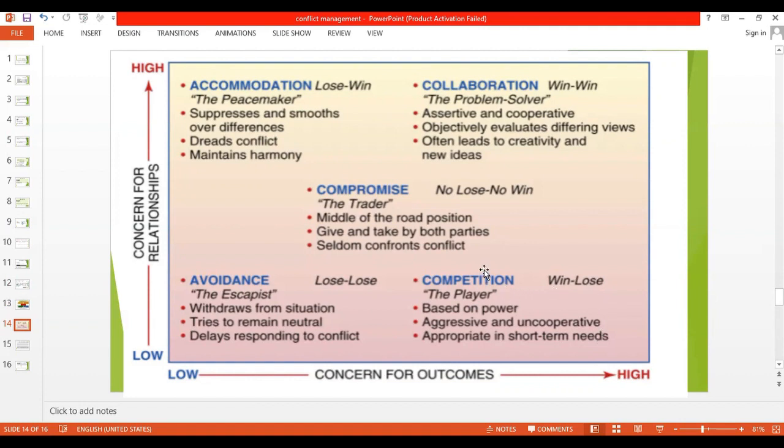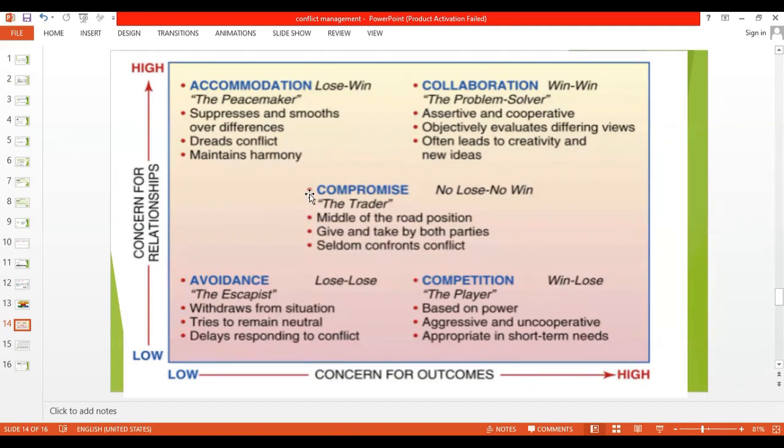Next is compromise. Compromise or bargaining is a strategy that recognizes the importance of both the resolution of the problem and the relationship between the two people. So this is a no-lose, no-win strategy.